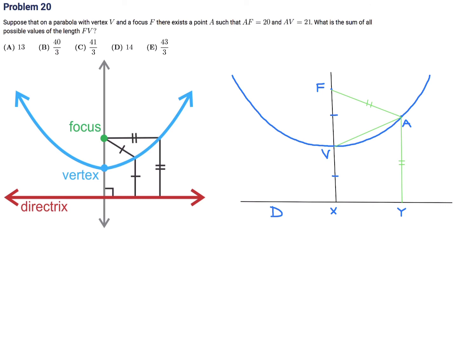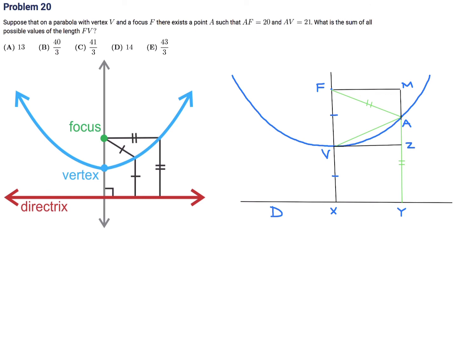So I'll extend this line up here, and then I'll go straight across, and I'll go straight across from V as well, and that should do it. And then I've got to label some stuff. I'll just call this M, and I'll just call this Z.